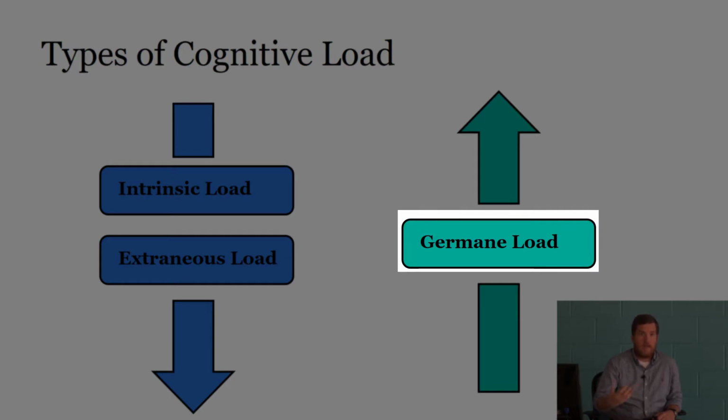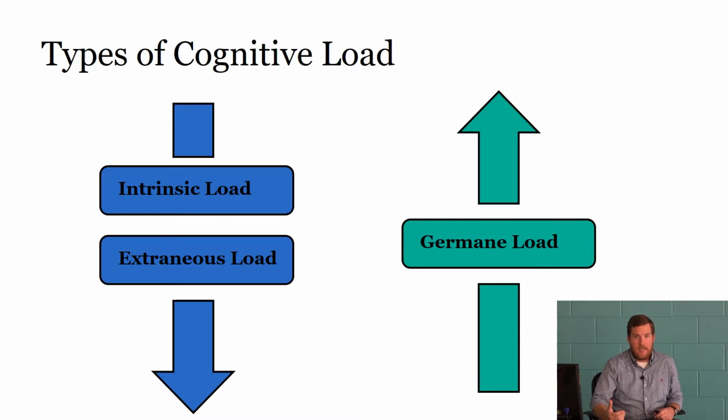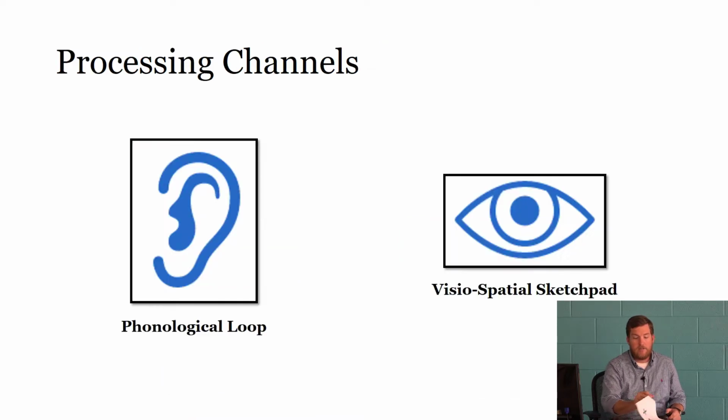The cognitive mechanisms that end up forming schema and all of those things. So we want to reduce intrinsic and extraneous load and increase germane load. That's our overall goal with everything that we're doing: to decrease the intrinsic and extraneous and increase germane. And the three of those together are what create cognitive load.